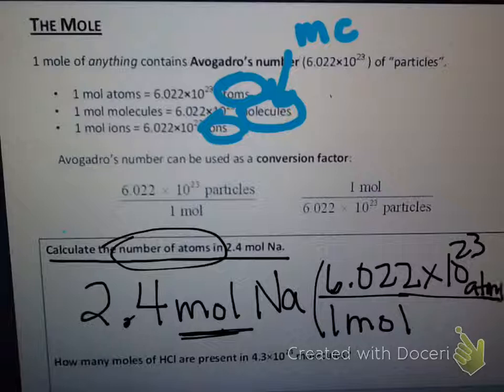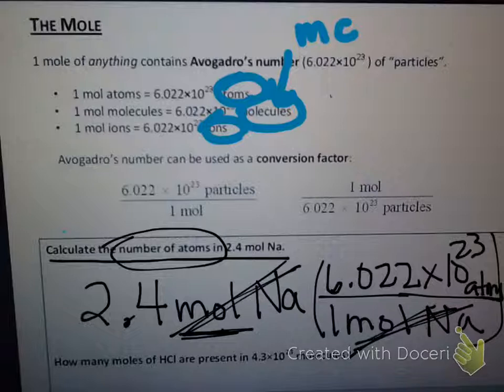Okay, I'm running out of room here. I wrote too big. So notice how I set this up. I've got a mole of sodium atoms, so I put the mole of sodium on the bottom. Mole of sodium cancels the mole of sodium. Opposite the mole, I put the number that equals the mole on top. 1 mole is 6.022 times 10 to the 23rd atoms.